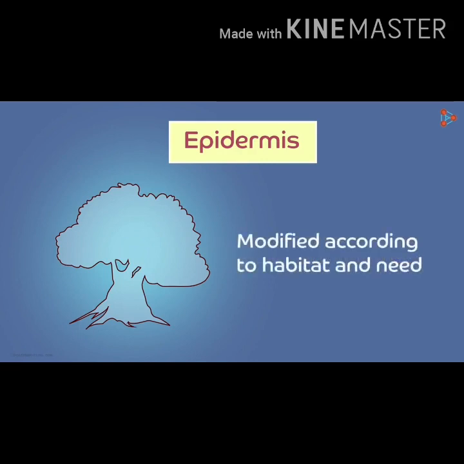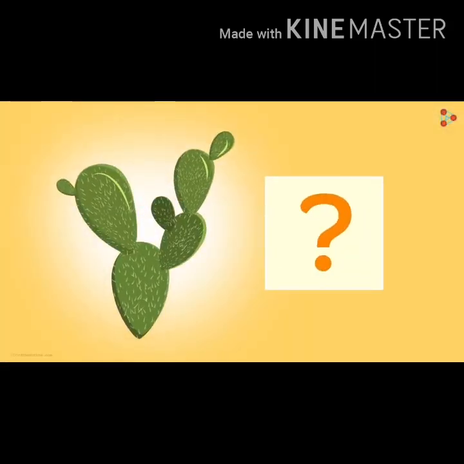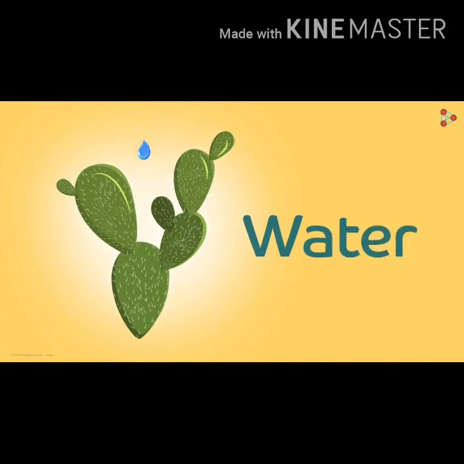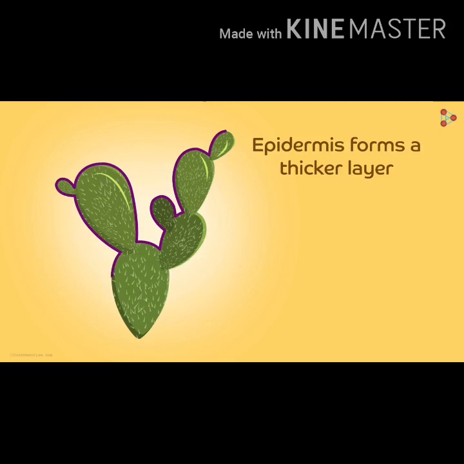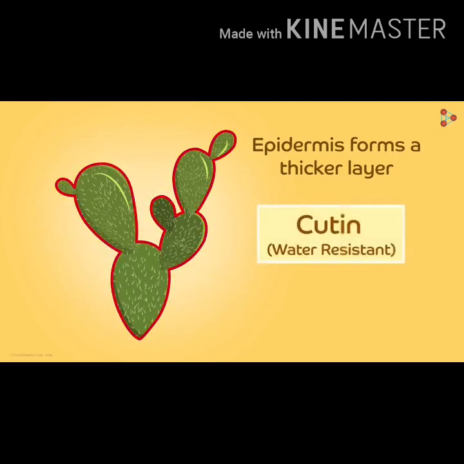Epidermis gets modified according to habitat and need. Let me ask you a question. What do plants living in a dry habitat need the most? Of course, it's water. So in order to protect the plant from loss of water, they have a thicker layer on the outer side.